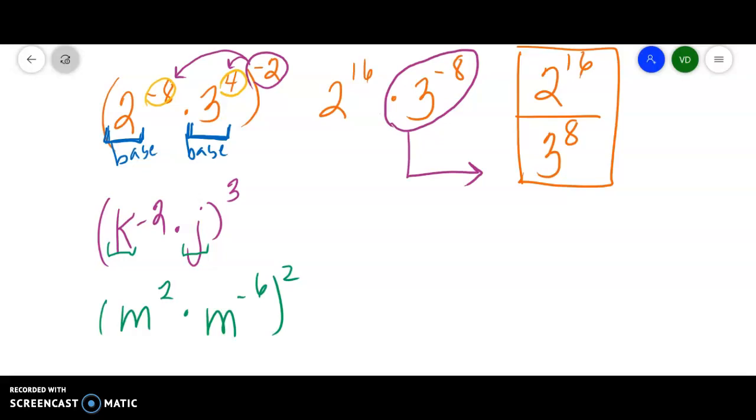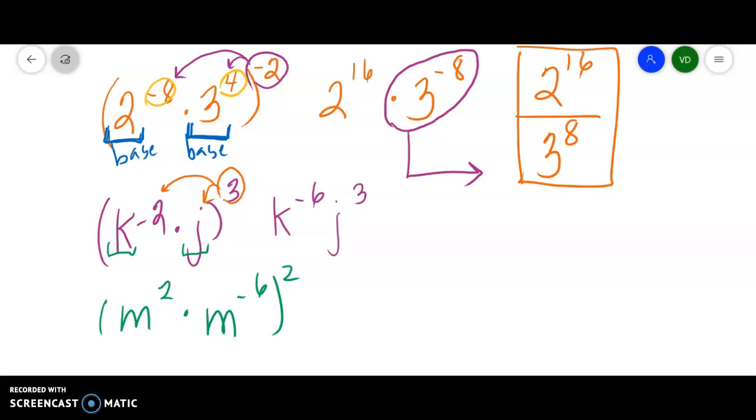So my next move is to do power to power. I'm going to take this 3 and distribute it to the -2 and to the 1. So now it's going to become K to the -6, J to the 3rd power.